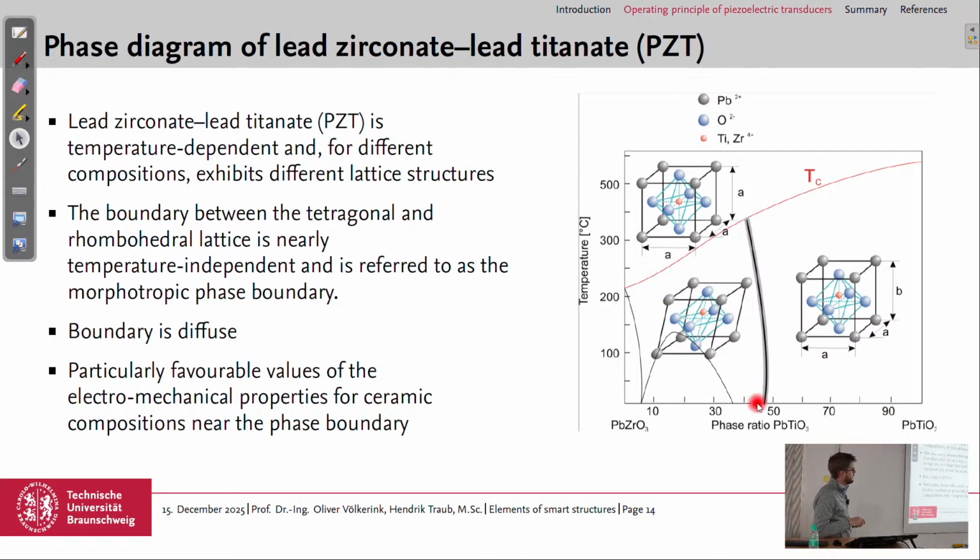And at this boundary, the electromechanical properties of the ceramic are also the highest. So we want to have a composition near this boundary. And then it depends if we are below this boundary or above. When we cool it down from the cubic lattice, we get the rhombohedral or the tetragonal lattice.